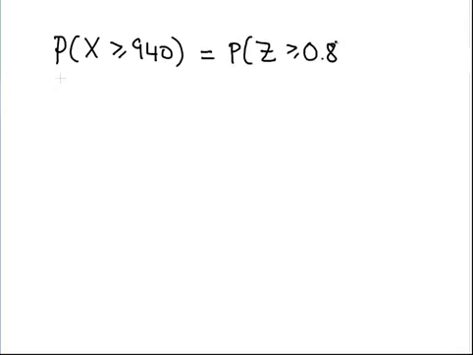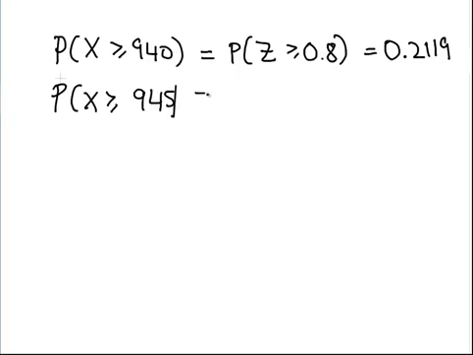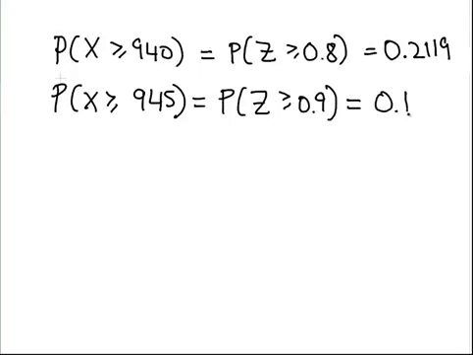So what does that mean? The probability of x being greater than 940 is equal to the probability of z being greater than 0.8, and that is equal to 0.2119. Likewise, the probability of x being greater than 945 is equal to the probability of z being greater than 0.9, and that is equal to 0.1841.